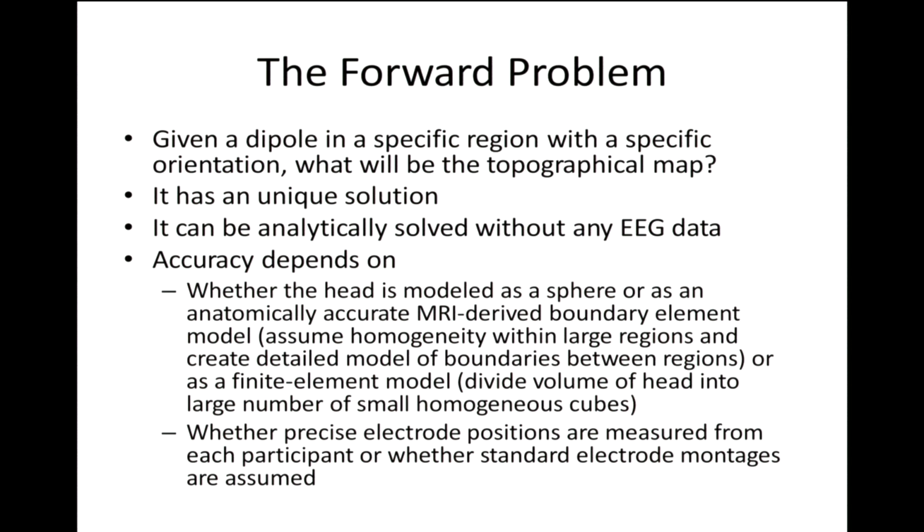Then you can use boundary element methods. Whenever you go from one region to another, at the boundary, in order to smooth the transition, you use triangles. That is the simple boundary element method.